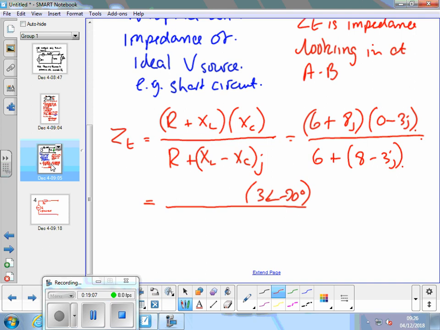We now want to convert 6 plus 8j into polar form. That is 10 angle 53.1 degrees. And the bottom line we already have from the first part, 7.81 angle 39.8.